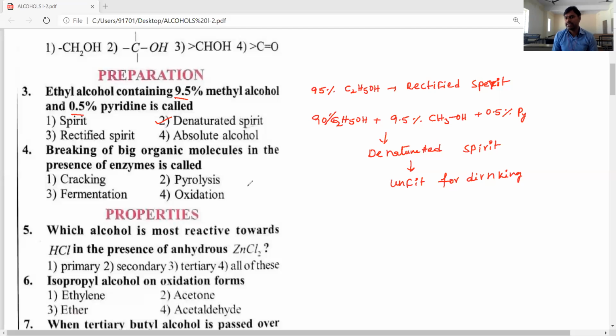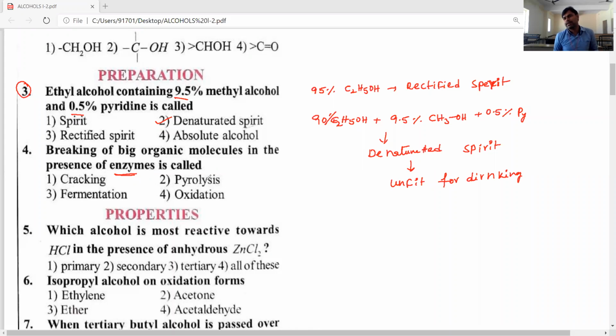So it contains 90 percent ethyl alcohol, 9.5 percent methanol and 0.5 percent pyridine, and copper sulfate is also added. So it is called denatured spirit. This composition is very important. Now, the breaking of big organic molecules into small ones in the presence of enzymes: starch, in the presence of diastase enzyme, is converted into maltose.